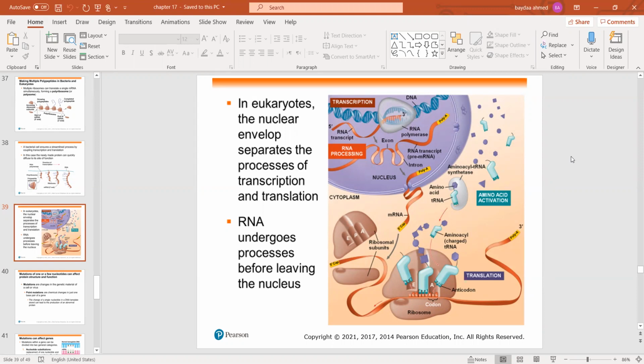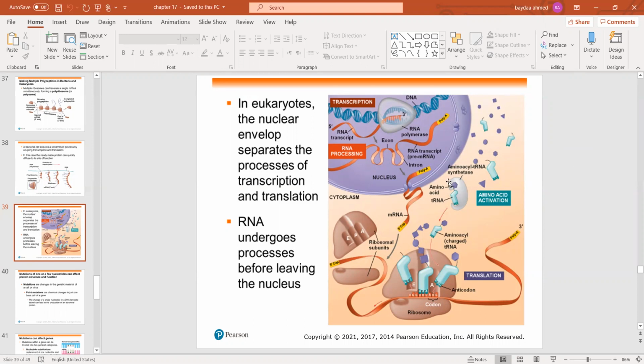Remember that the final products of some genes are not polypeptides but RNA molecules that don't get translated, including tRNA and rRNA. In general, the steps of transcription and translation are similar in bacterial, archaeal, and eukaryotic cells. The major difference is the occurrence of RNA processing in the eukaryotic nucleus. Other significant differences are found in the initiation stages of both transcription and translation and in the termination of transcription.